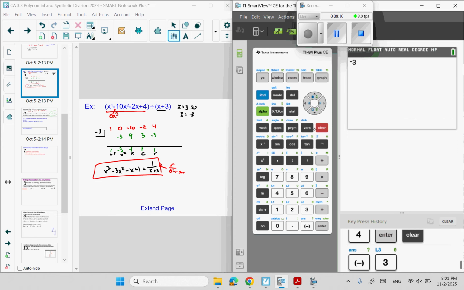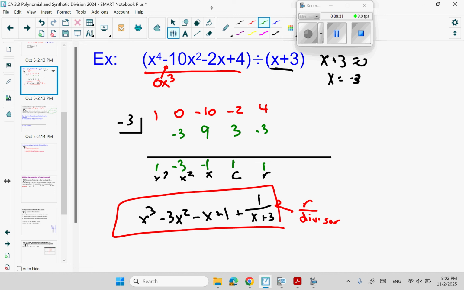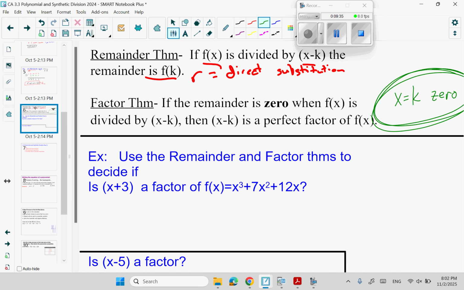Negative 3 to the power of 4 minus 10 times negative 3 squared minus 2 times negative 3 plus 4. End up with positive 1, so that's all the remainder theorem says. So whatever my remainder is, this should match direct substitution, so that's how you can always check.